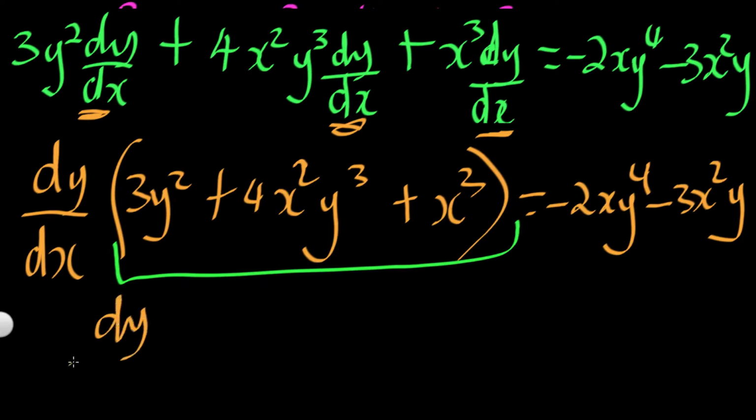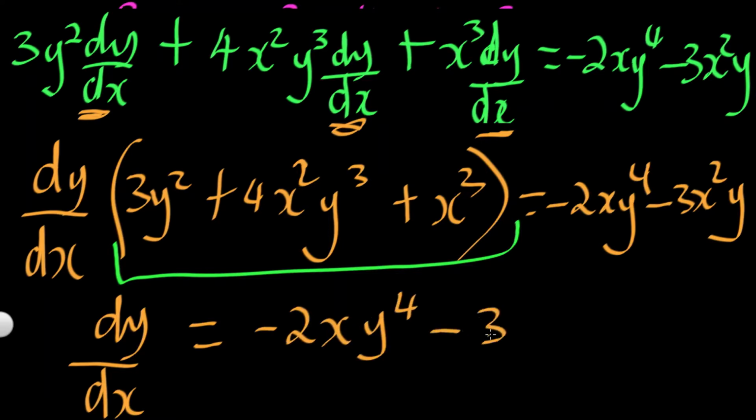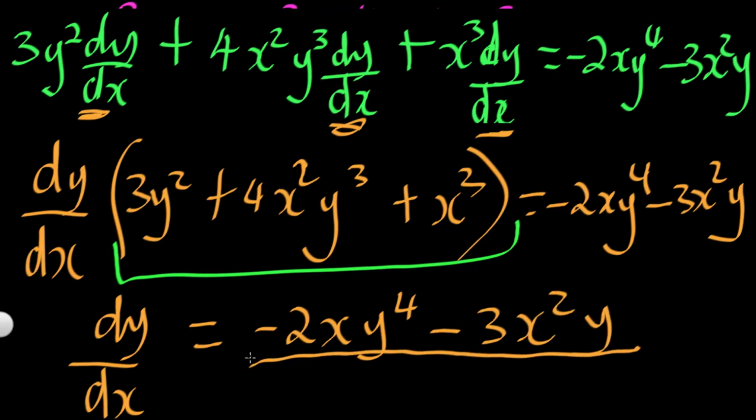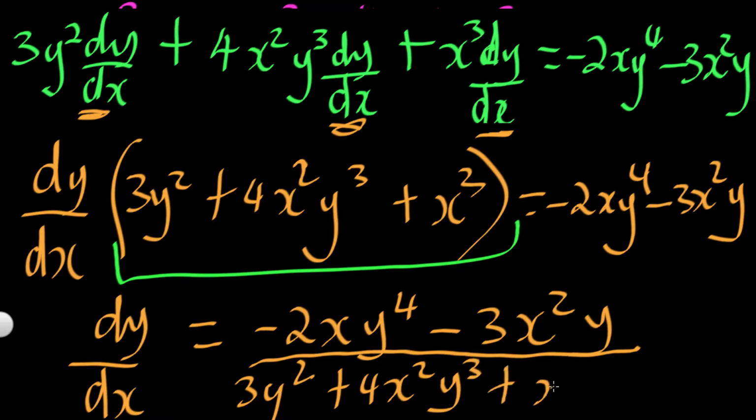Therefore, dy dx is equal to minus 2x y to the power of 4 minus 3x squared y, all over 3y squared plus 4x squared y cubed plus x cubed. This is the final answer.